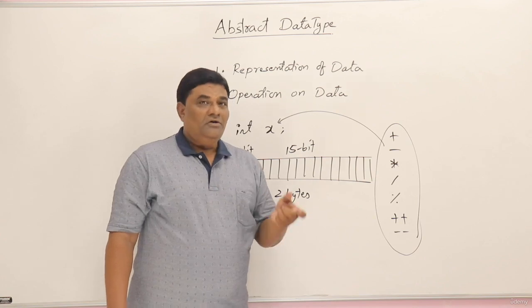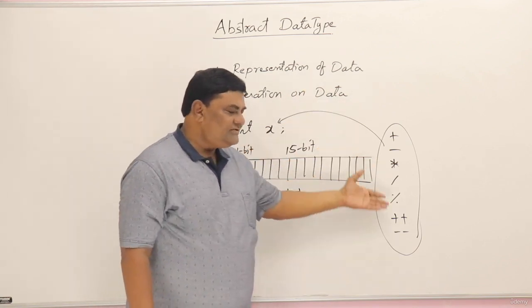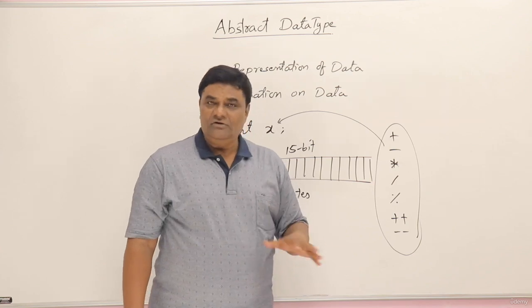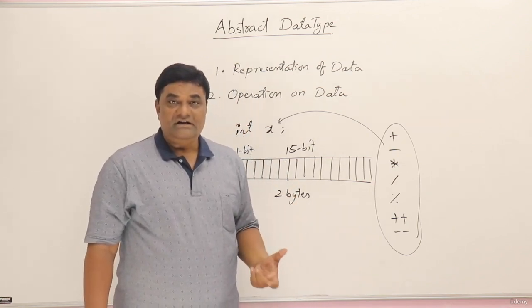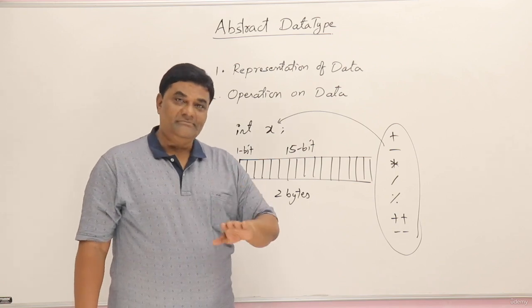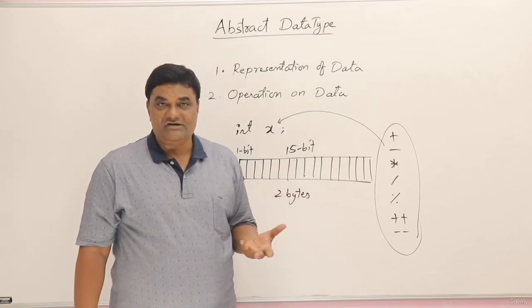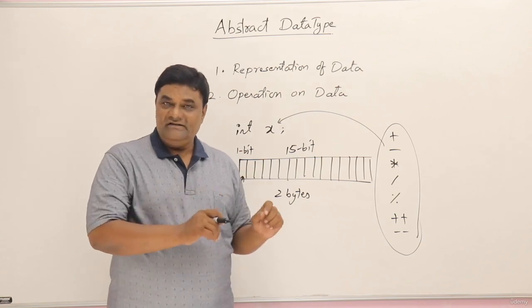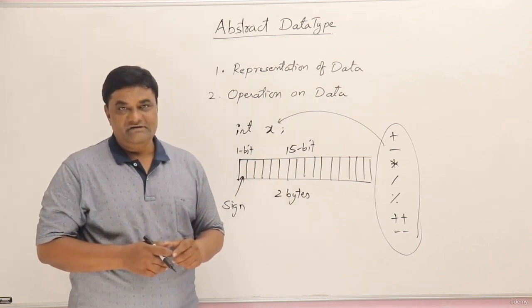No. We are concerned about declaring a variable and using it by performing these operations. So we need not know internal details of how these operations are performed. Right? Without knowing them, we can use them. So these things are hidden from us, so we can call them abstract. Internal details are abstract for us.